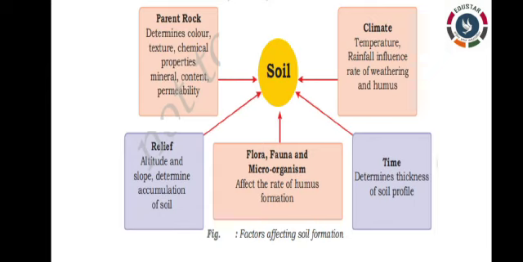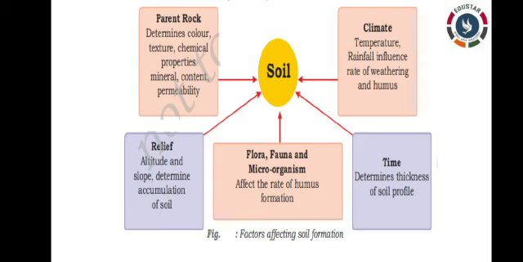Based on the altitude, height and slope, it determines the thickness of soil. Flora, fauna and microorganisms. If a rich amount of microorganisms is present in the soil, then the soil could be more fertile. It affects the rate of humus formation.